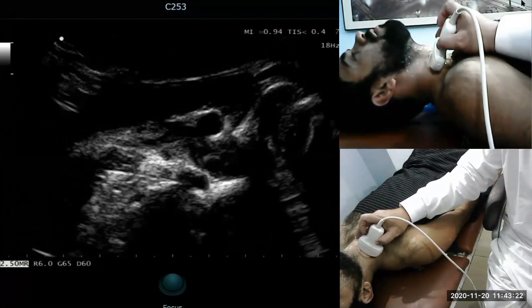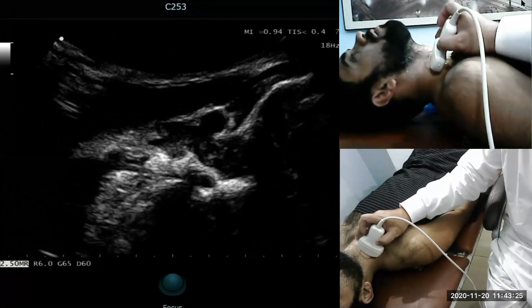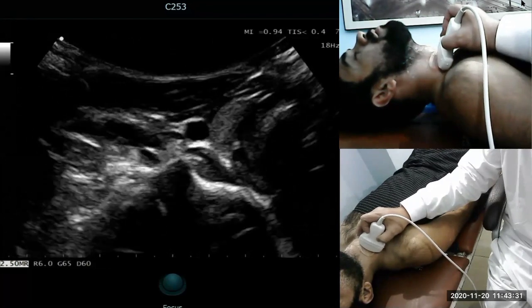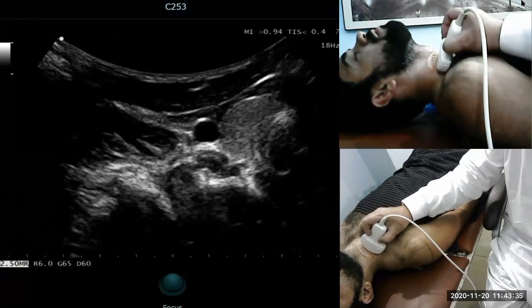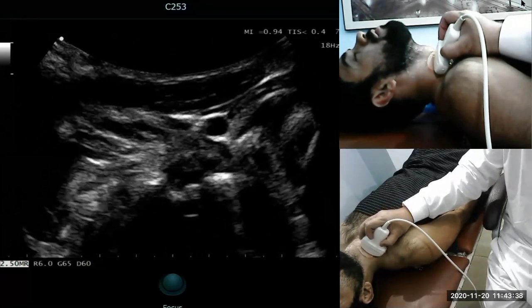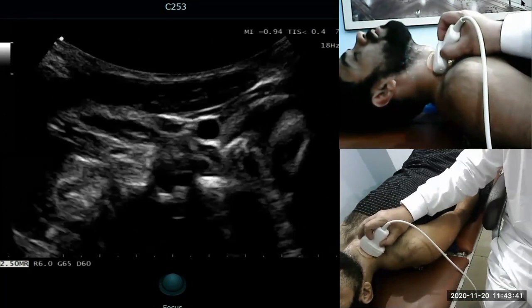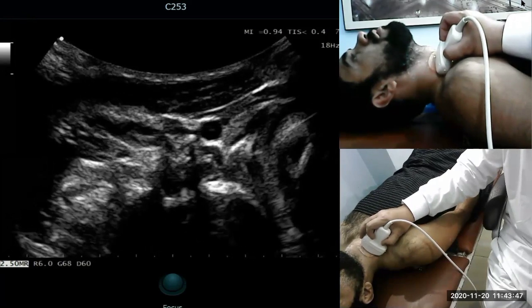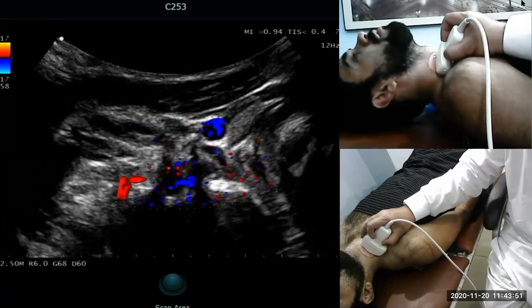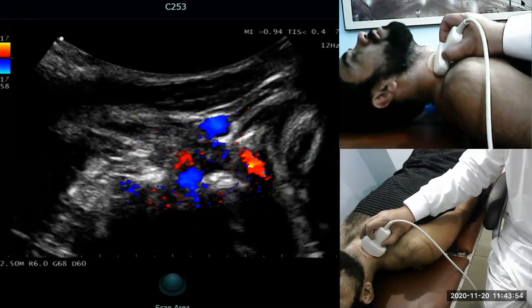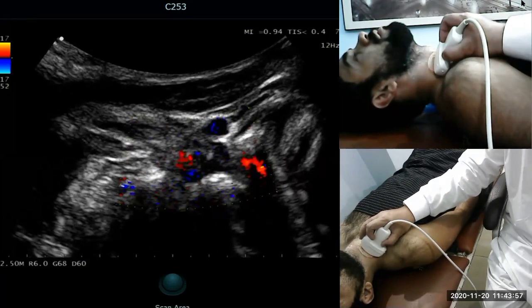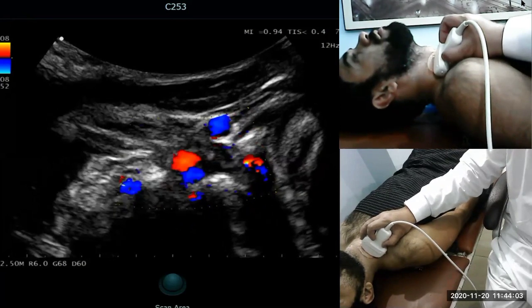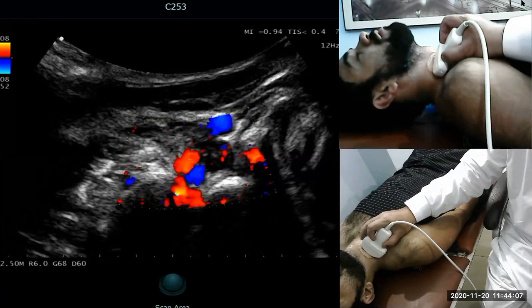Indeed, the resolution will be of not that good quality, as we have seen with the linear. But the flow will be visible to us.